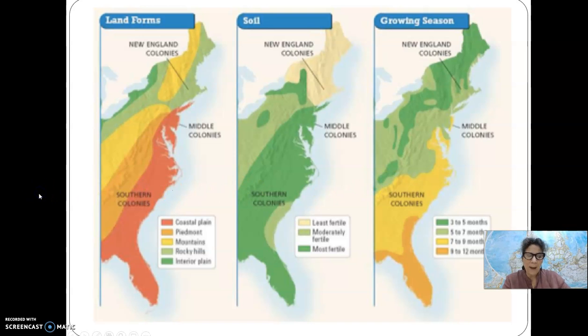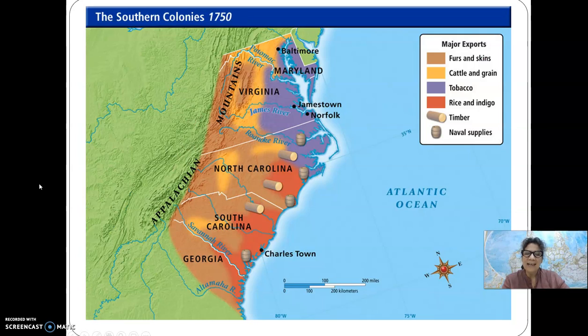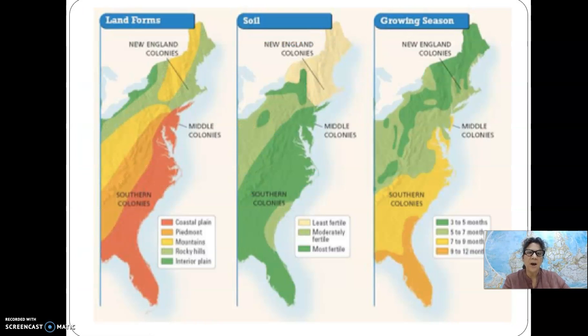If we go back to this map on economic activities, you'll see that the New England states were more industrial, while the southern and even the middle states were more agricultural. That is really the result of how rocky the land was in New England, how much more fertile the land was, and how much longer the growing season was in the South compared to the middle and the New England colonies.